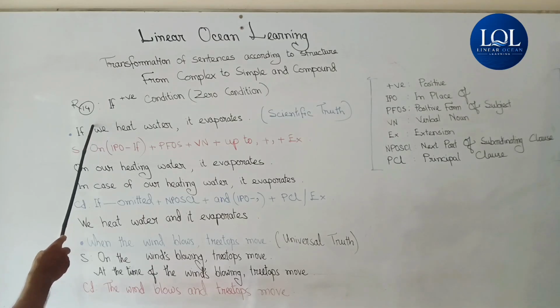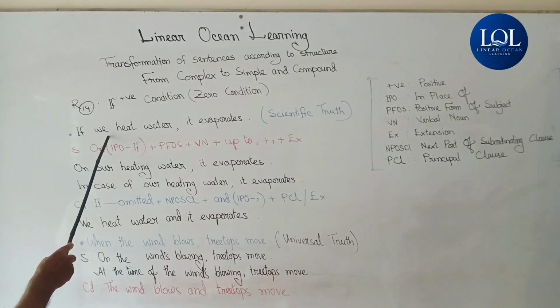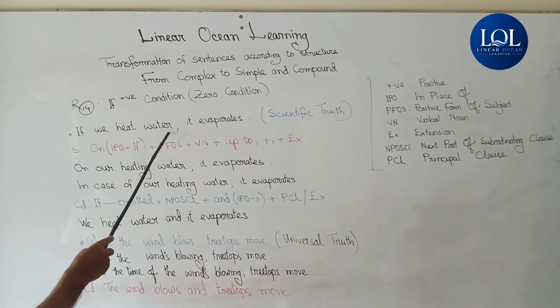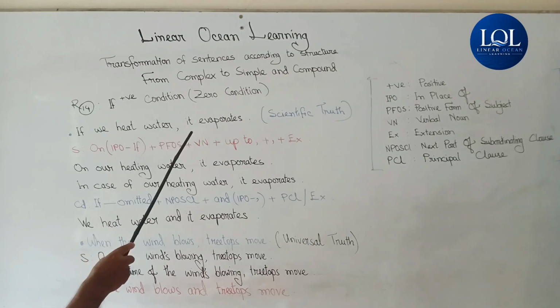The possessive form of subject we is our. Then verbal noun, the verbal noun of the verb heat is heating. Then up to comma, whatever there is till comma, that will be there, water.